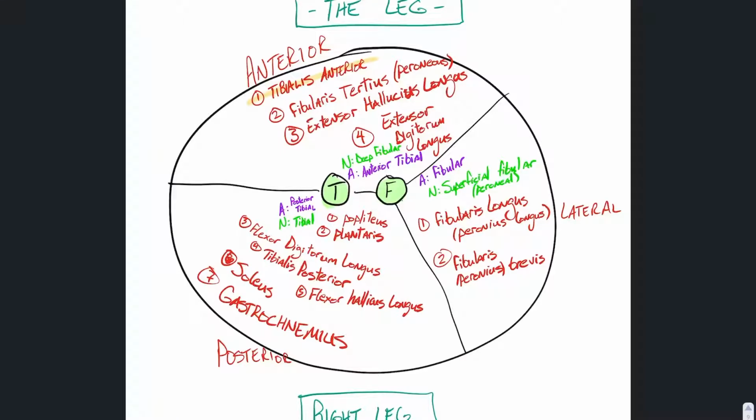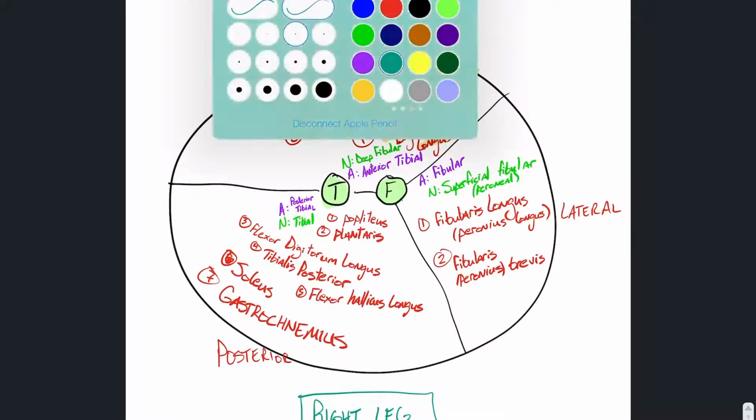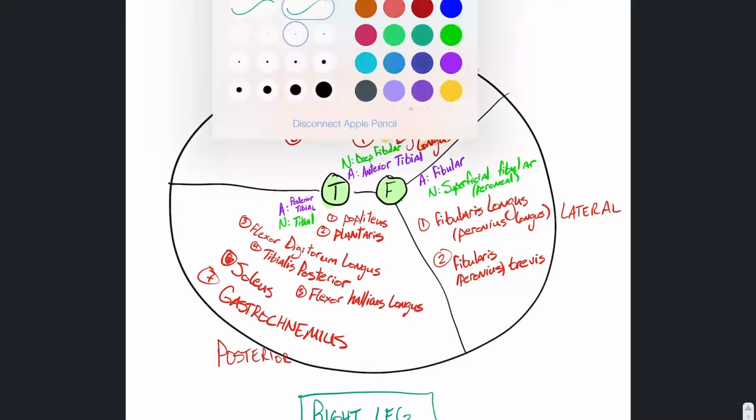Moving inward, deep to tibialis anterior, we would have the fibularis tertius, also known as the peroneus. And then we have the extensor hallucis longus, and then the extensor digitorum longus. So what letters are those? Well, let's put those in teal.